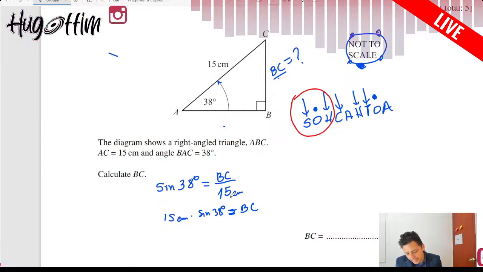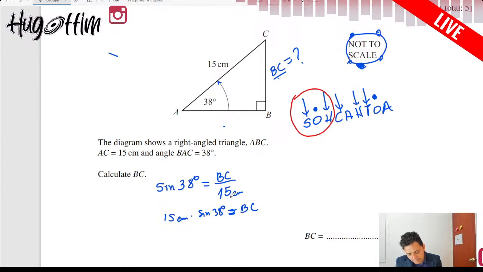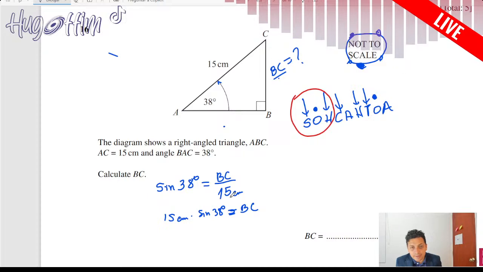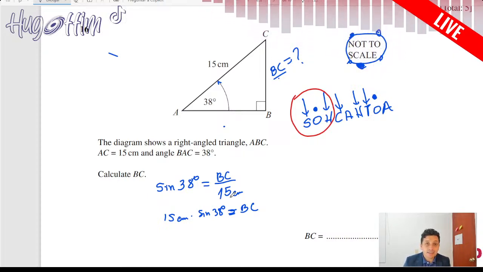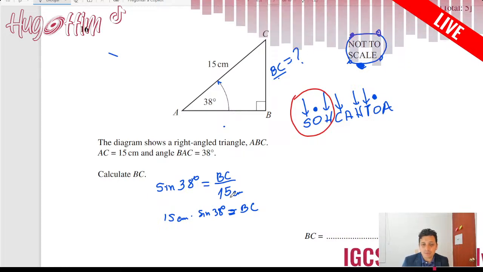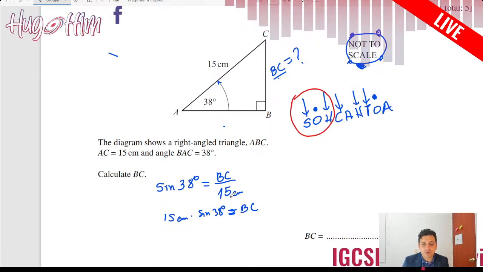Observe that in this case, and this is a suggestion that I want to give you when you work on IGCSE questions, is to use the calculator only at the end. The less you use the calculator, the better for you to get marks. Because sometimes if you put only the answer, maybe they wouldn't allow you total marks.